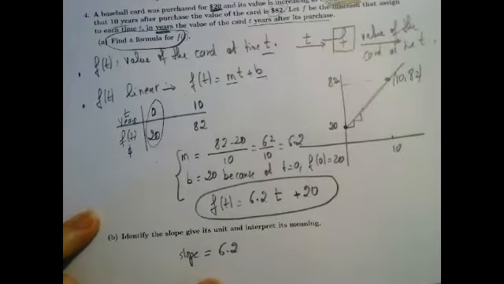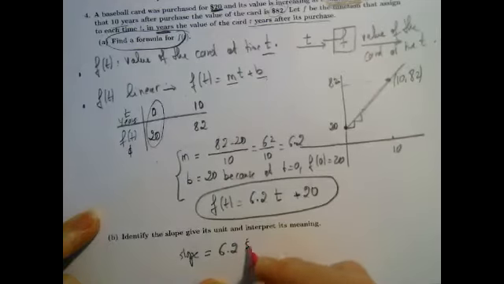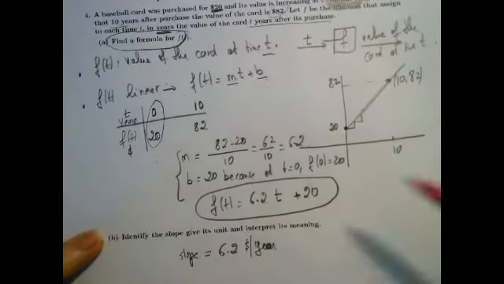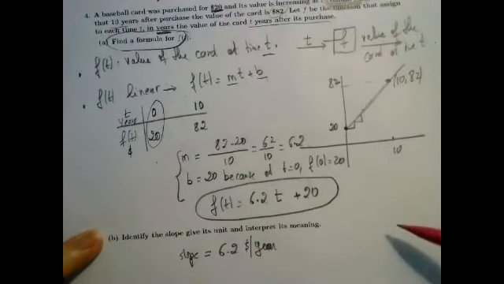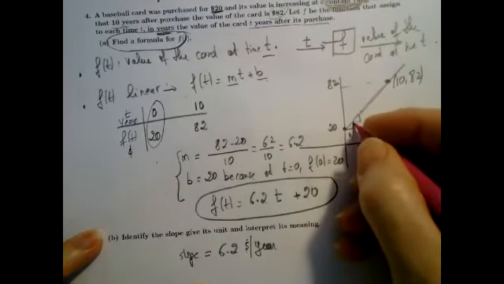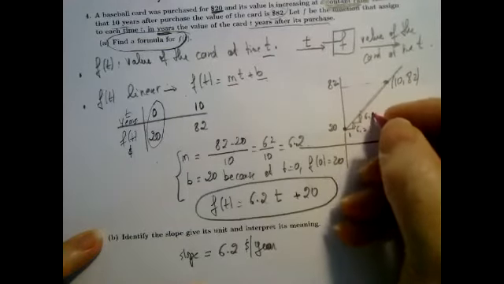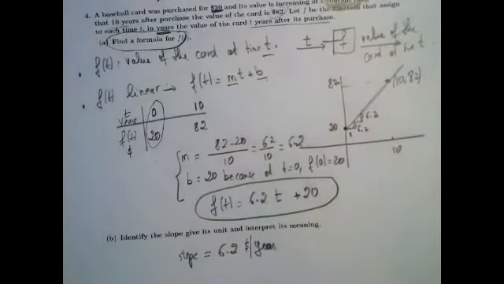Isn't it $6.2 a year? $6.2 per year. It means the value of the card increased by $6.2 every year. So every year, the price goes up 6.2. That's the picture in this problem.